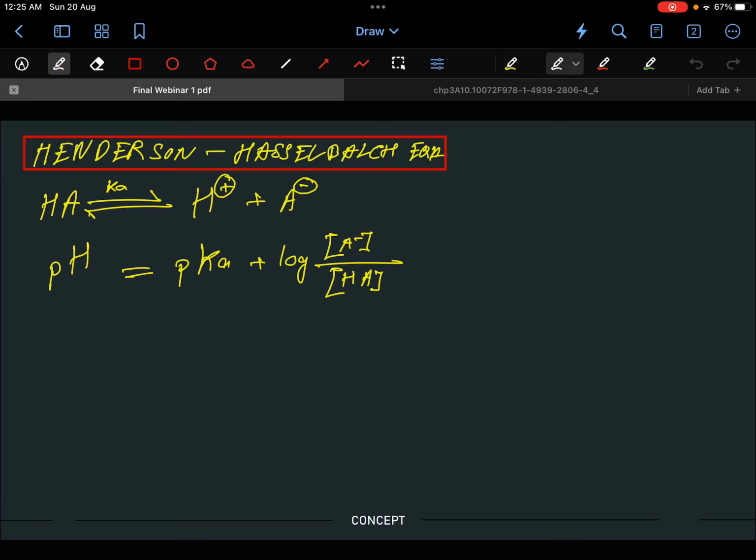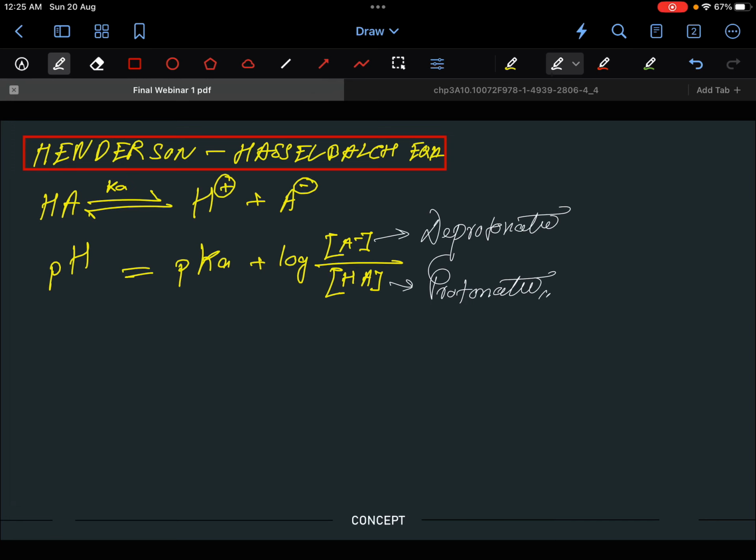What is A minus? A minus is the deprotonated form, and HA is the protonated form. So pH is equal to pKa plus log of deprotonated over protonated, right?